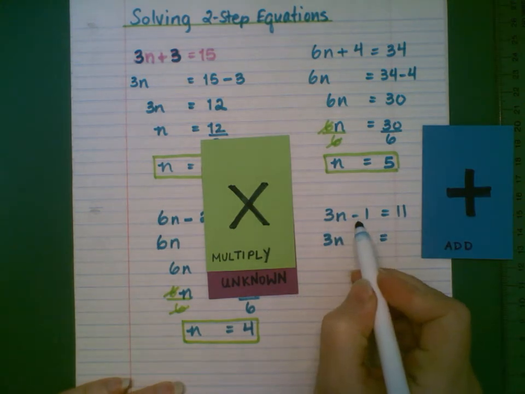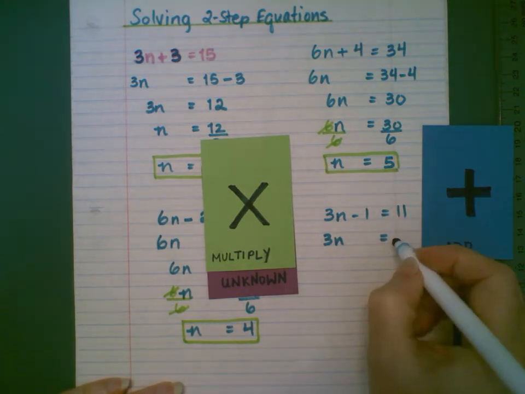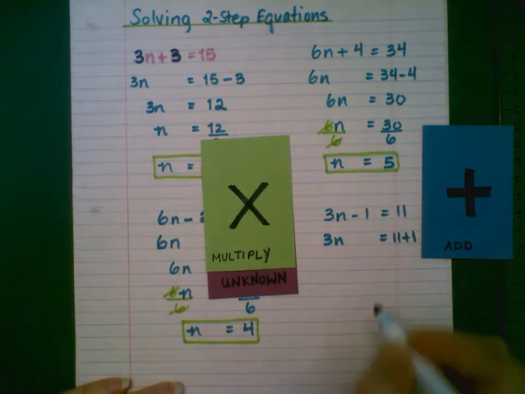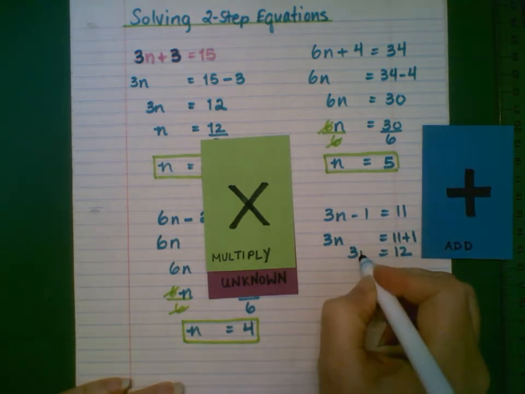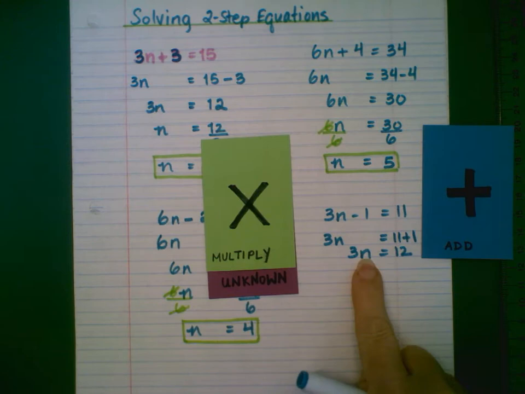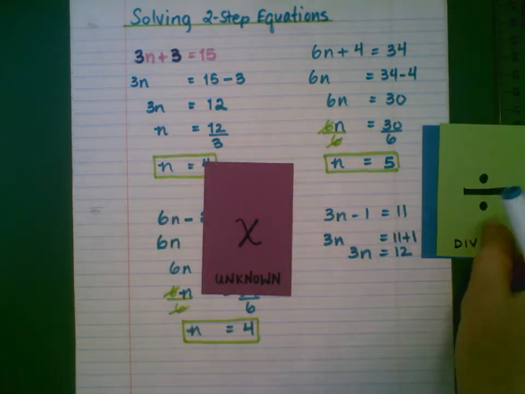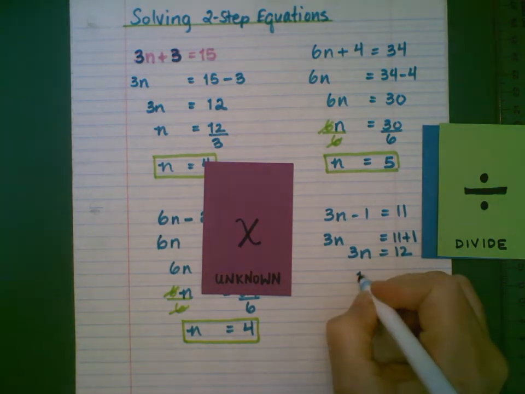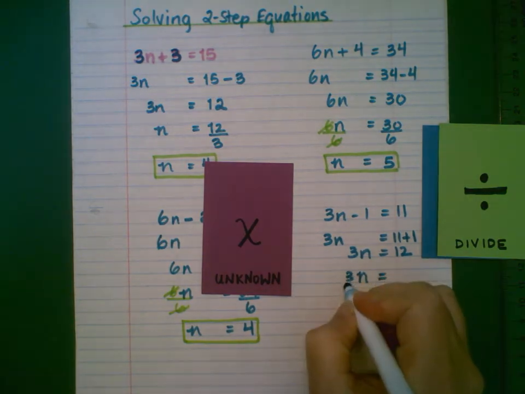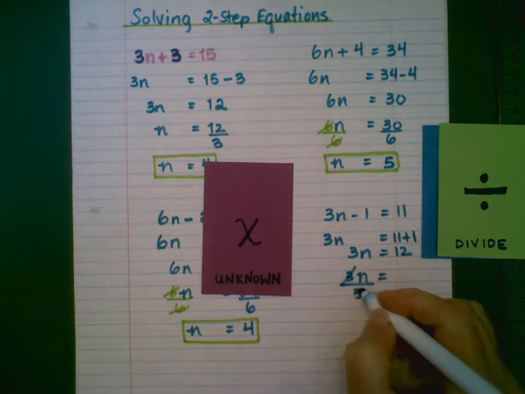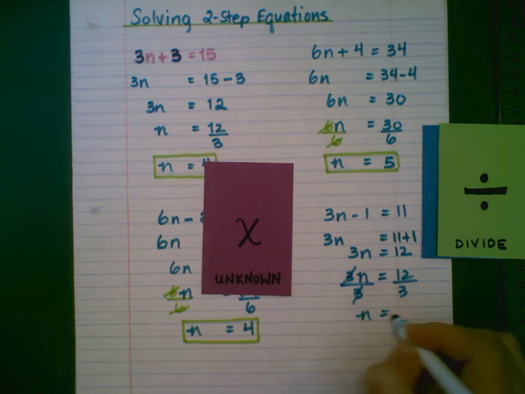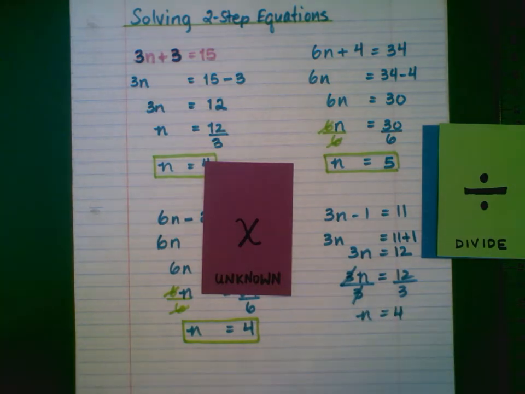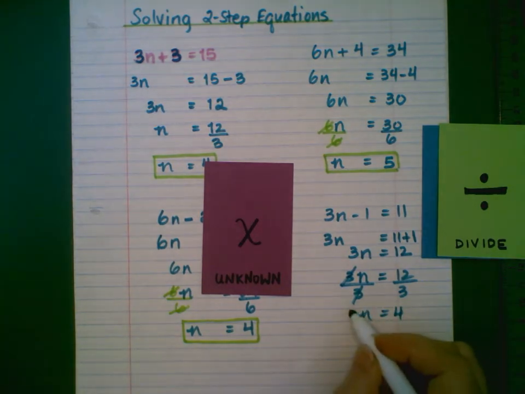Adding 1 to the left-hand side eliminates that negative 1. Adding 1 to the right-hand side results in 12. So now my variable has been multiplied by 3. Undo the multiplication by dividing, and divide also on the right-hand side, and that is n equals 4 again. Just a coincidence.